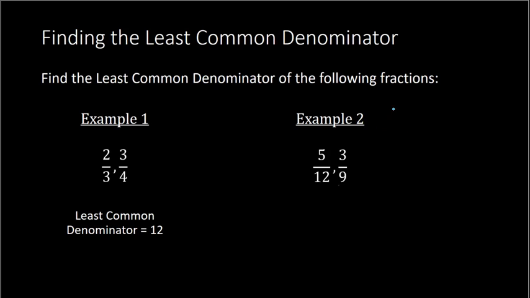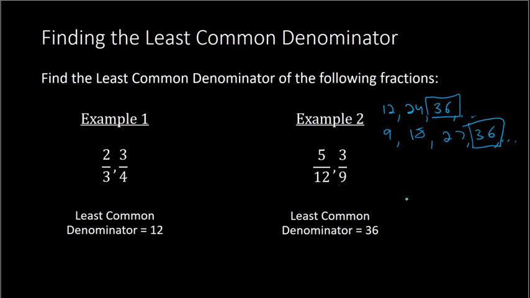Again, we could list out the multiples. Multiples of 12 would be 12, 24, 36, etc. Multiples of 9 would be 9, 18, 27, 36, etc. And notice they both have a common multiple of 36. So our least common denominator would equal 36.